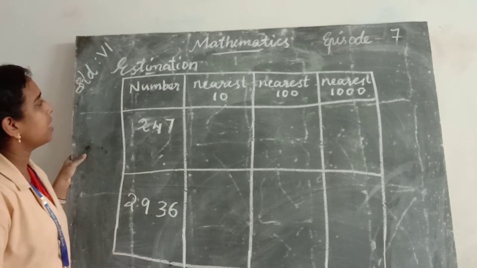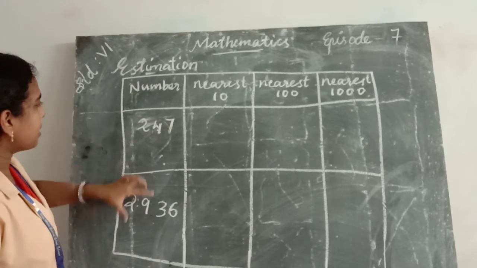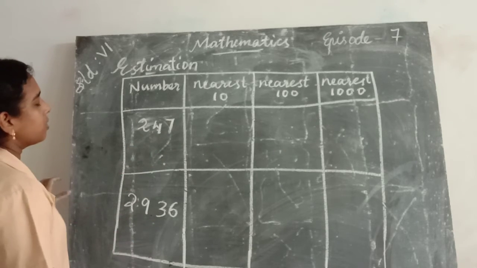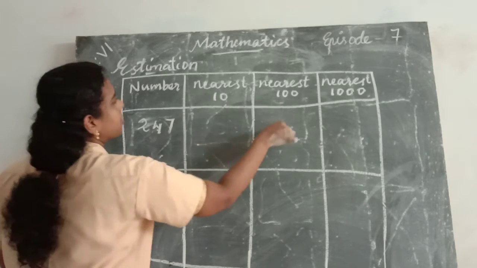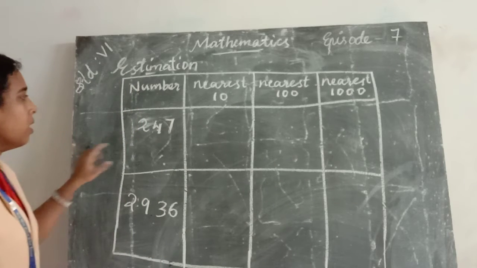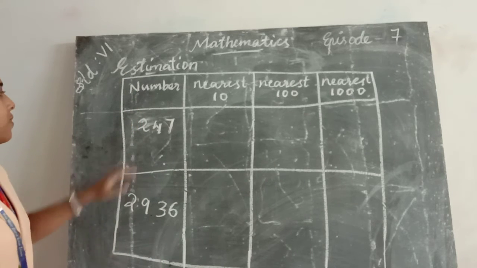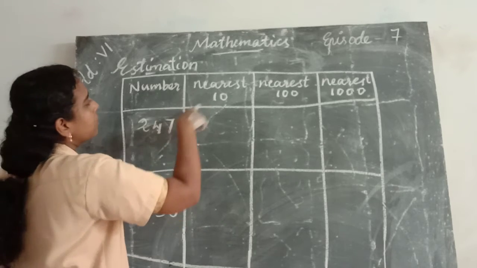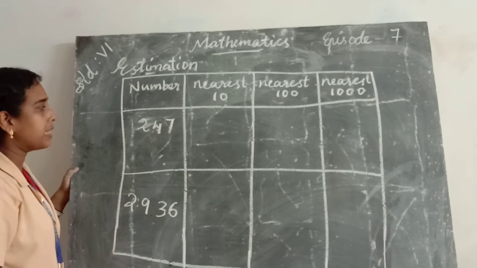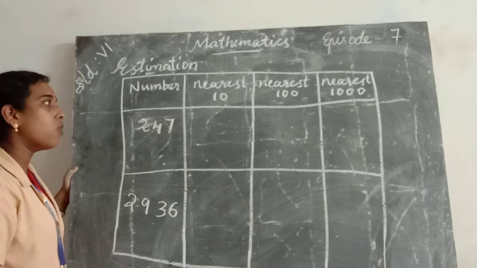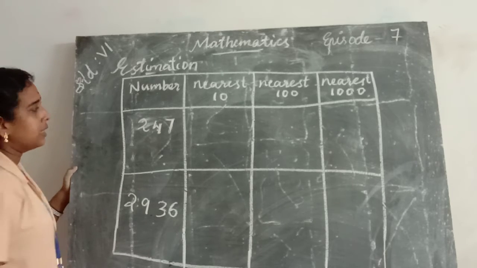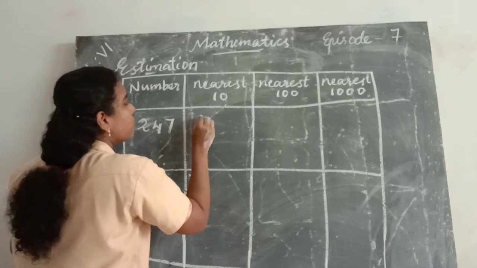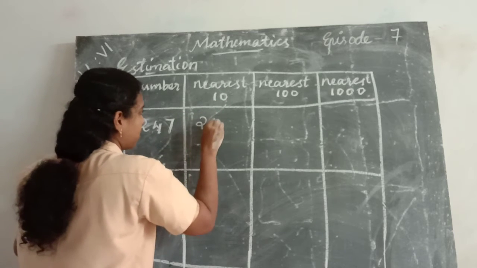There is another question. The numbers given are 247 and 2936. We want to write the nearest 10, nearest 100 and nearest 1000 of these two numbers. The first number is 247. First we estimate to the nearest 10, that is, round the number to the nearest 10.